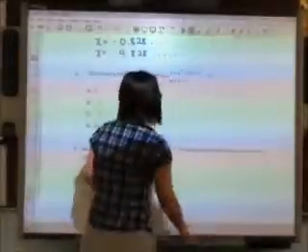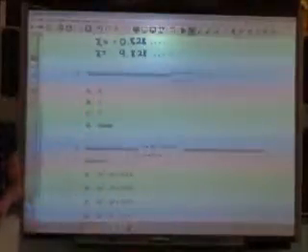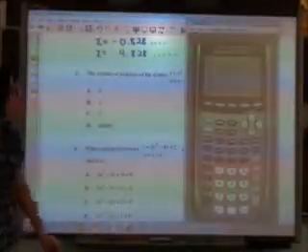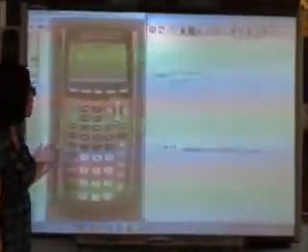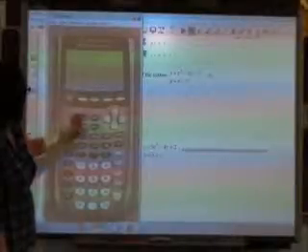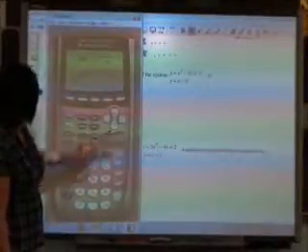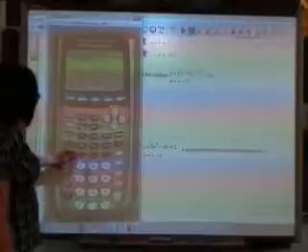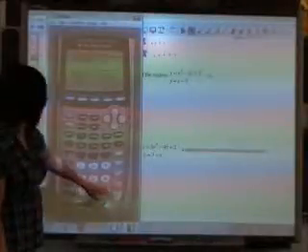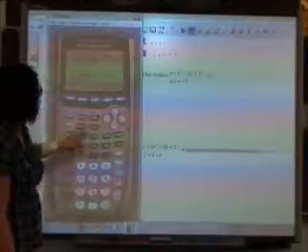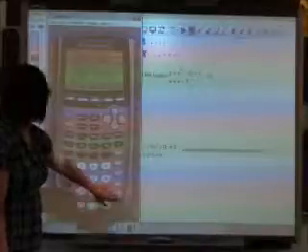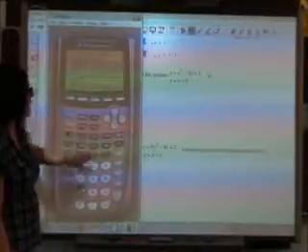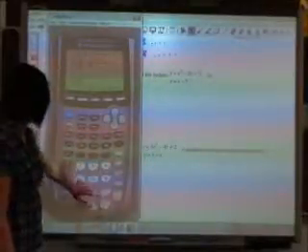Question number 2 is tricky, because when you go to graph this, your window settings will become important again. So if I graph in my first quadratic, x squared minus 2x plus 3, and then my linear x minus 5.